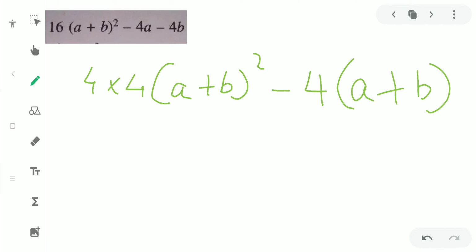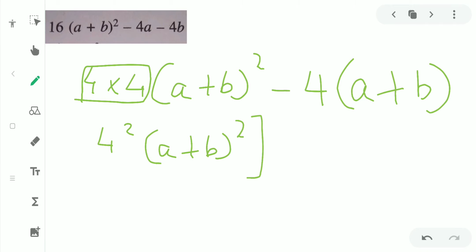Now let us see what we can take outside. Here 4 into 4 is nothing but 4 square. So I can write 4 square into a plus b whole square, minus 4 into a plus b.